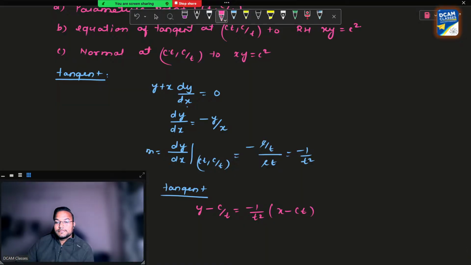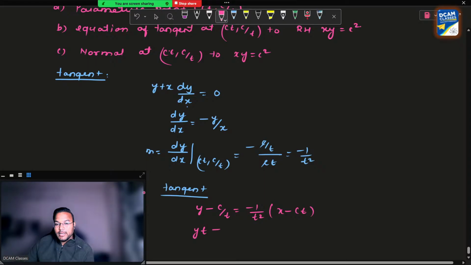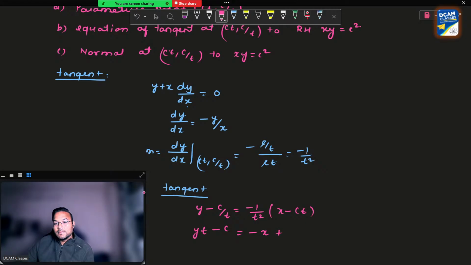So the equation of tangent will be yt minus c is equal to minus x by t plus c.